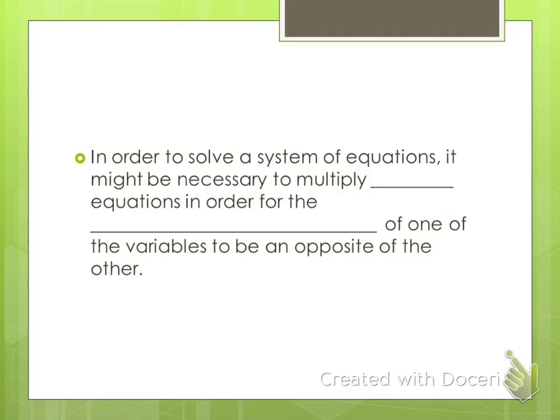All right, today we are continuing the same topic. So today's notes: in order to solve a system of equations, it might be necessary to multiply both equations in order for the coefficients of one of the variables to be an opposite of the other.